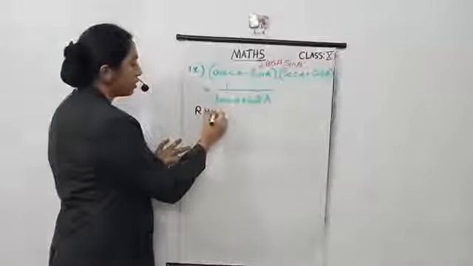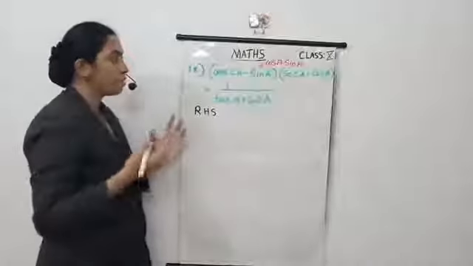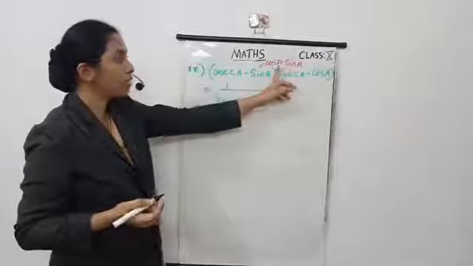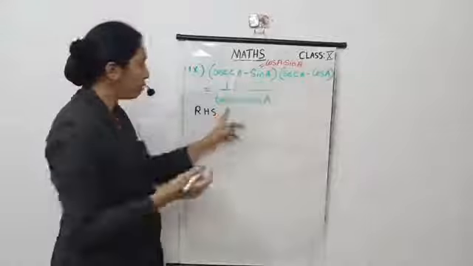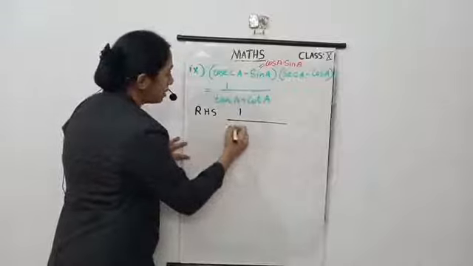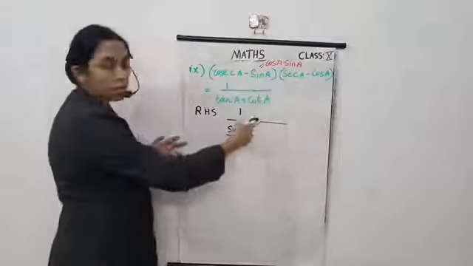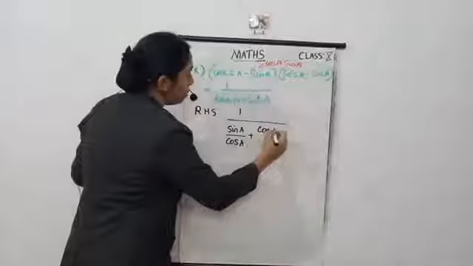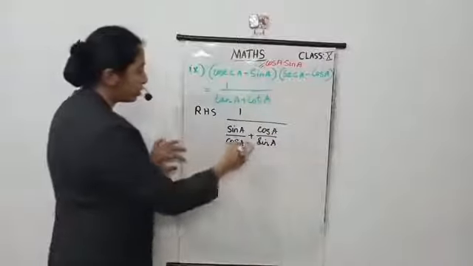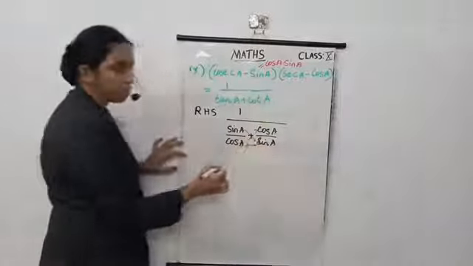So RHS is 1 by tan A plus cot A. First replace this in terms of sin and cos, because we want the answer in terms of cos and sin. So tan is sin A by cos A, plus cot A is cos A by sin A. Now fraction addition, so cross multiply and multiply the denominators.